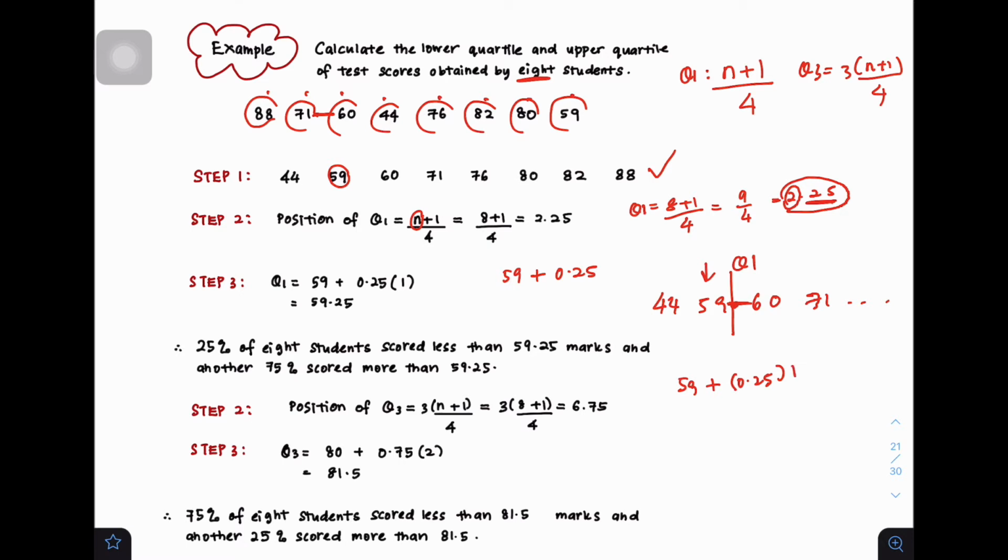So darab dengan 1. Okay, so awak akan dapat 59 tambah 0.25. So dia jadi 59.25. Okay, so awak punya point adalah 59.25.